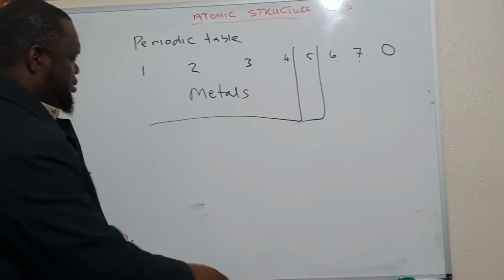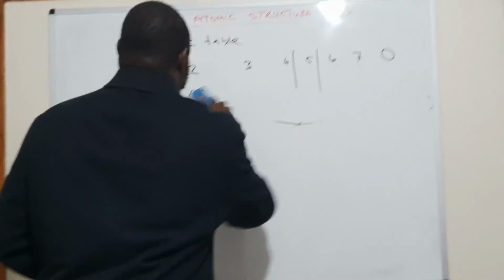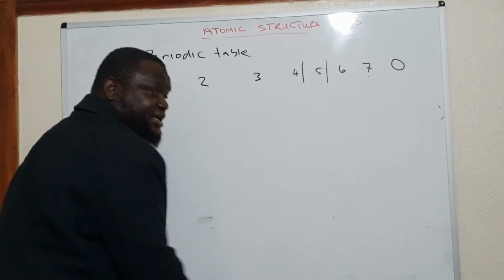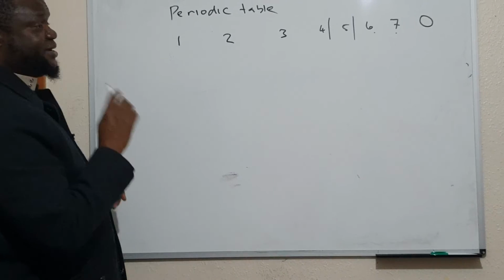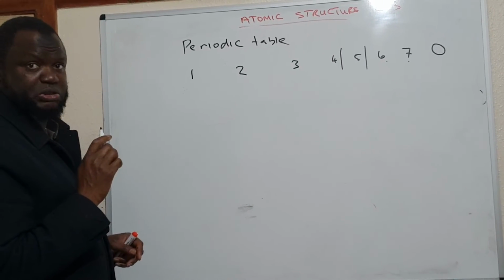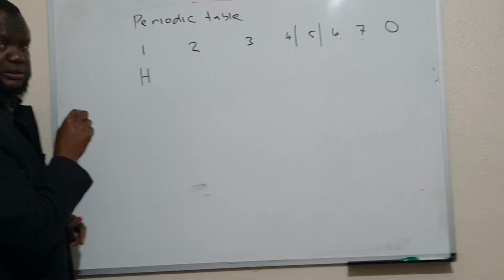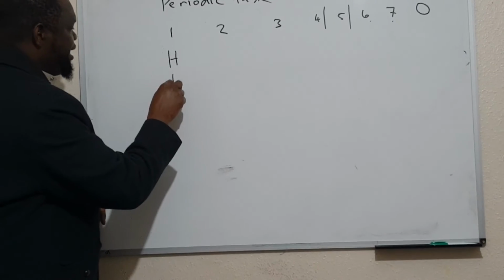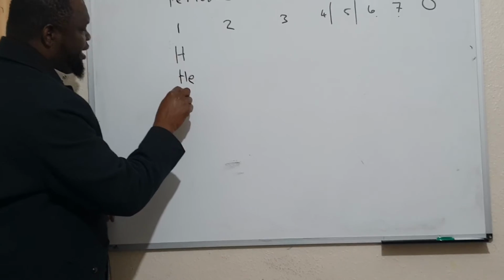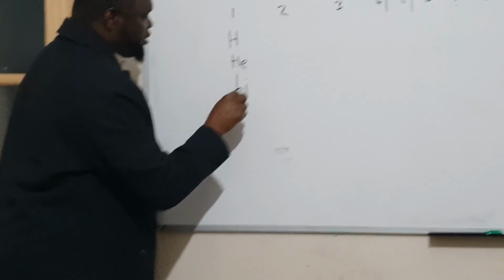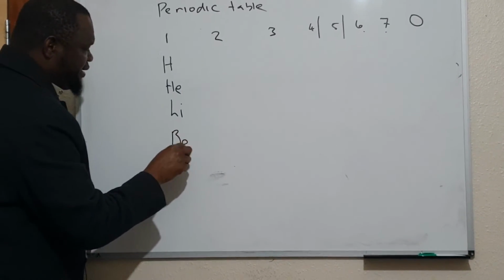Even before we look at the periodic table, we will look at the symbols of the elements. Hydrogen is written as that. The next one, helium, is written as that. The next one, lithium, is written as that. The next one, beryllium, is that.